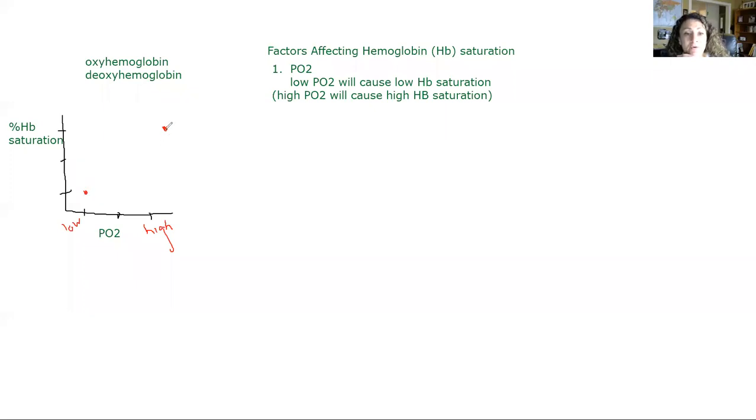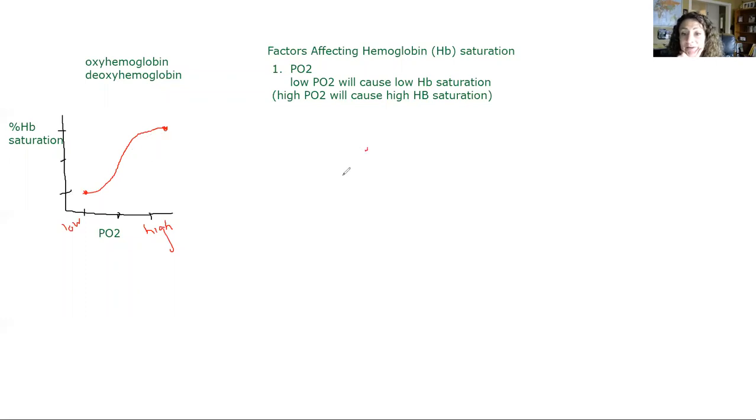So as we go from the lungs to the exercising muscle, there's a decrease in saturation levels. This curve means that the decrease is slow at first, and then there's a rapid drop off. It's a sigmoid curve.